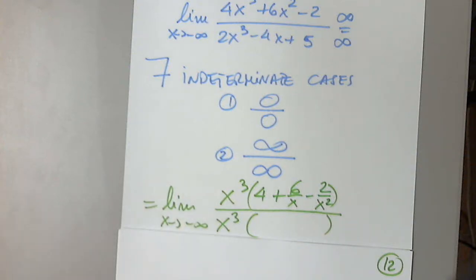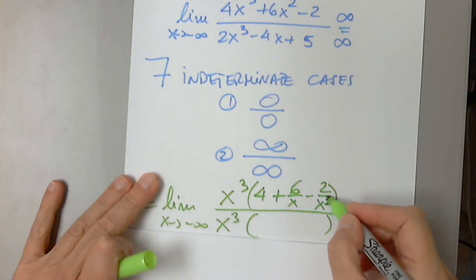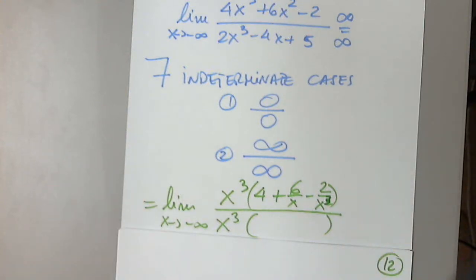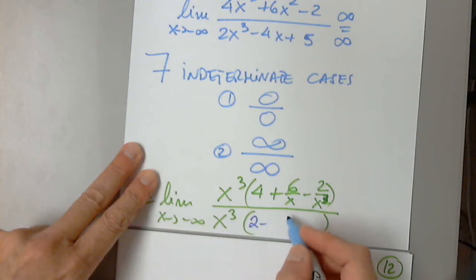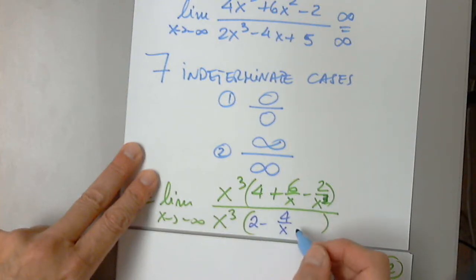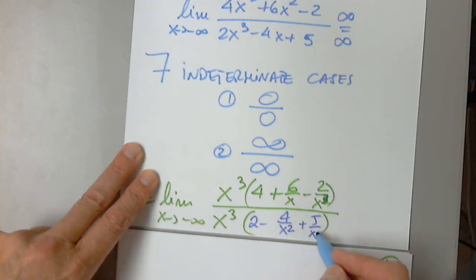Excellent. x squared. Very good. It is x cubed, you're right. For some reason, I thought there was a 2x, but no, there is no 2x. Good. What about the denominator? The same way, 2 minus 4 over x, this is x squared, and plus 5 over x cubed.